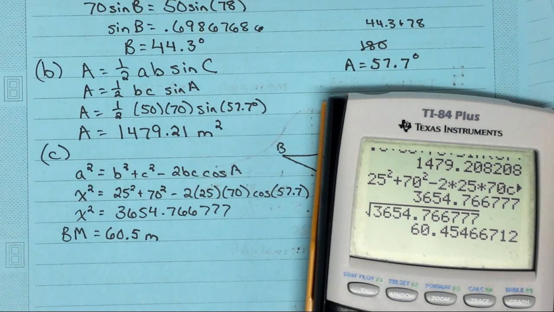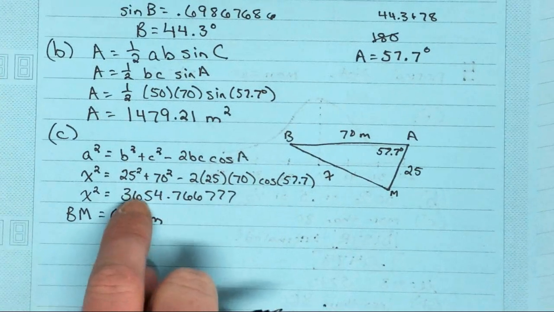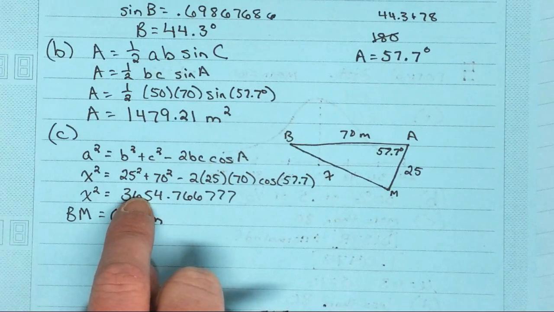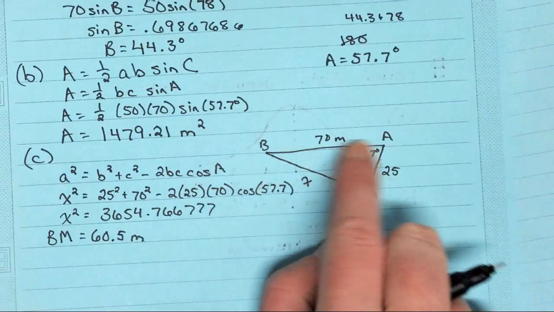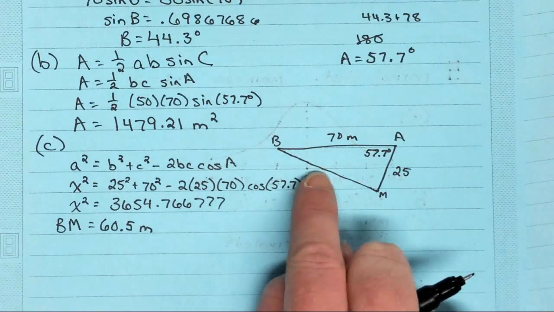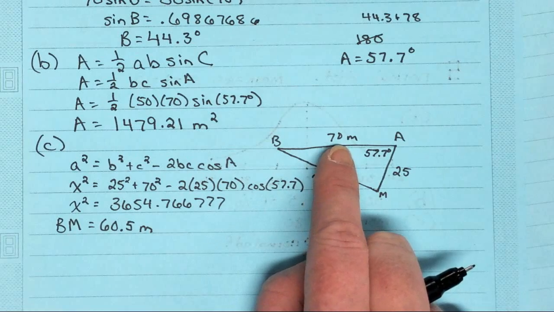Okay, now I'll just go ahead and tell you, if I was having trouble with this one, and I knew this little side was 25, and this side was 70, do you think this side is going to be smaller or bigger than 70?